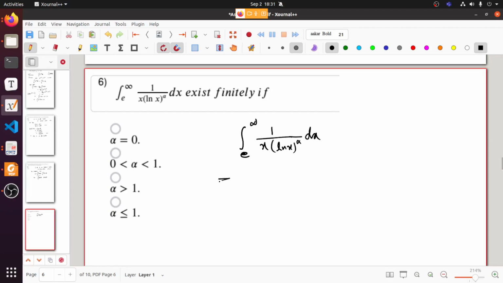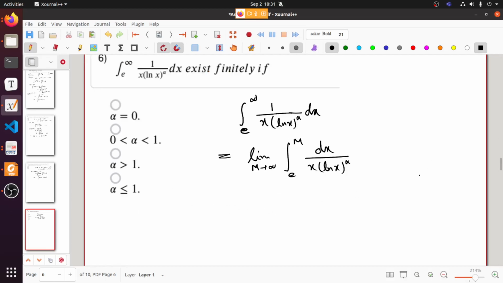So again this is an improper integral, so write it in terms of limit m tends to infinity, integral from e to m, dx by x (ln x) to the power alpha, right? Now make the change of variable, put ln x equals z, so 1 by x dx will be dz, and when x equals e, z becomes 1, right?